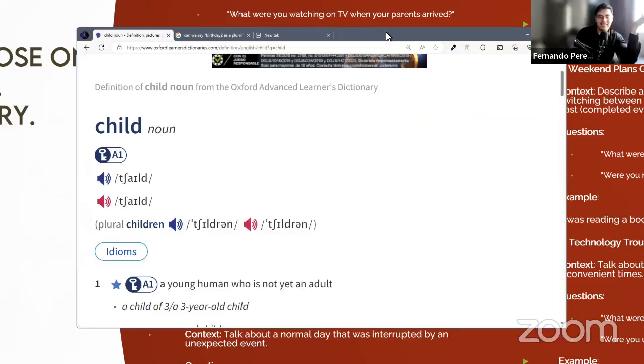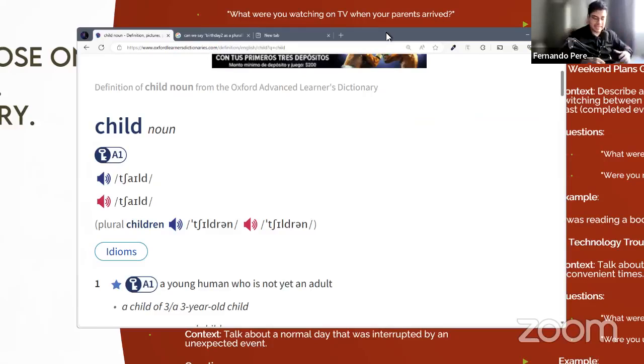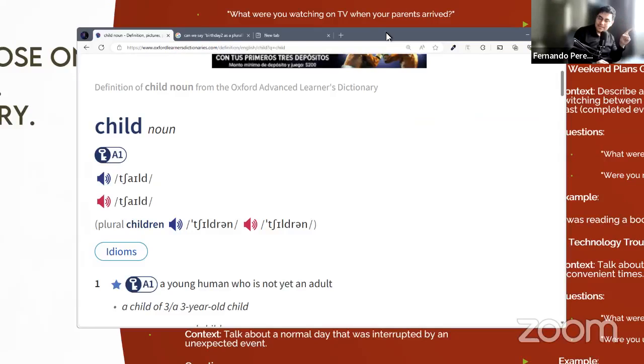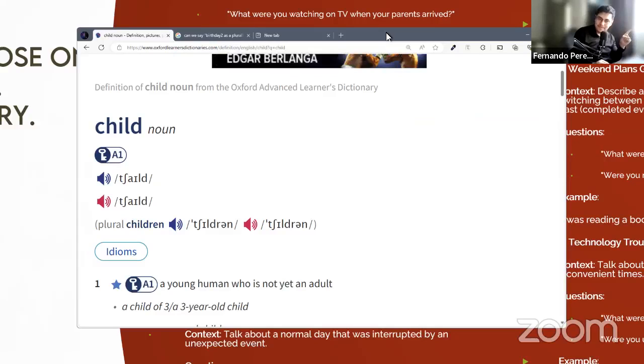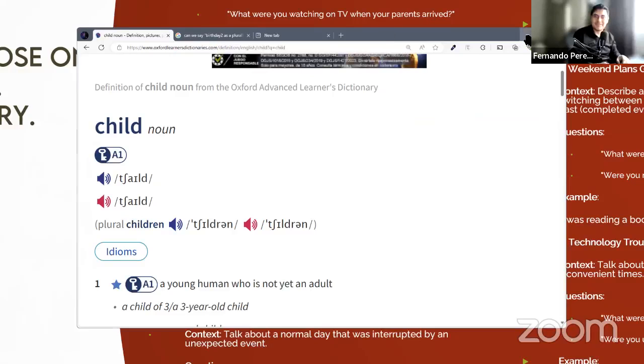Is a verb to be? He was. Exactly. Present is the kid is, but in the story, the kid was. He was 4 years old. Yes, 4 years old.